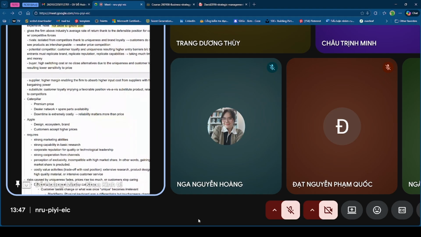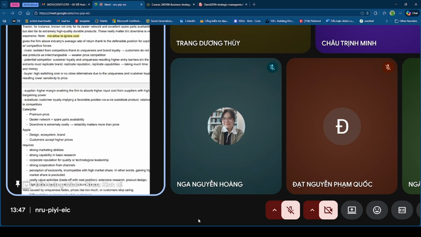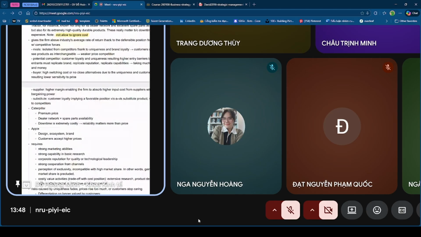Decrease the cost, but still care about the quality. If you improve the willingness to pay, you still have to care about your costs. So that is a differentiation advantage.